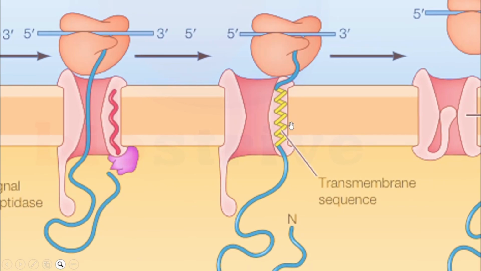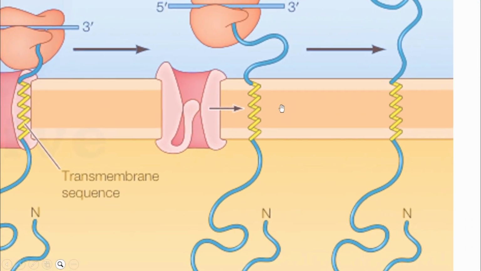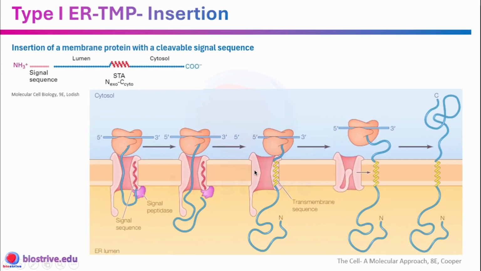These hydrophobic amino acids cannot enter the lumen because the lumen is hydrophilic, so they will stay in the membrane. The lateral gate opens again and this protein will be translocated into the membrane itself and inserted into the membrane with the C terminus in the cytosol and the N terminus in the lumen.